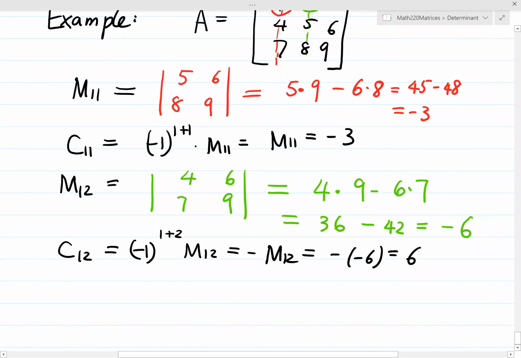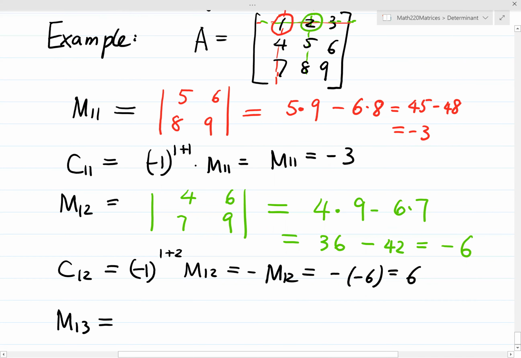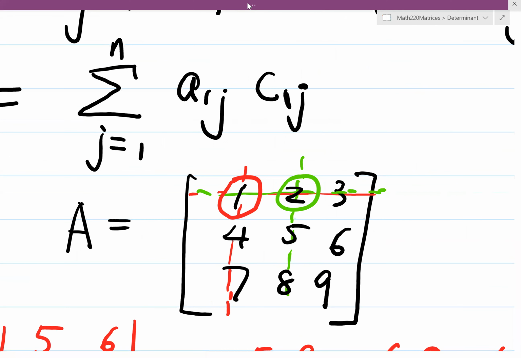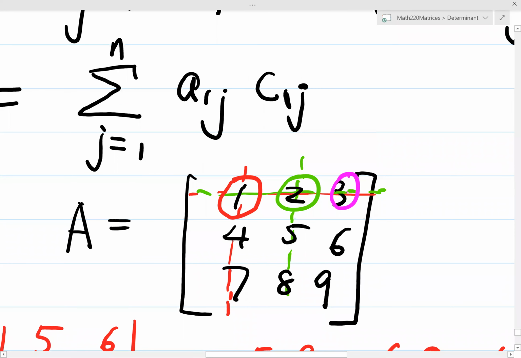Then what do we get for M13? For M13 we cross out the first row, third column. Let's use pink. First row, third column of A, which is 3.